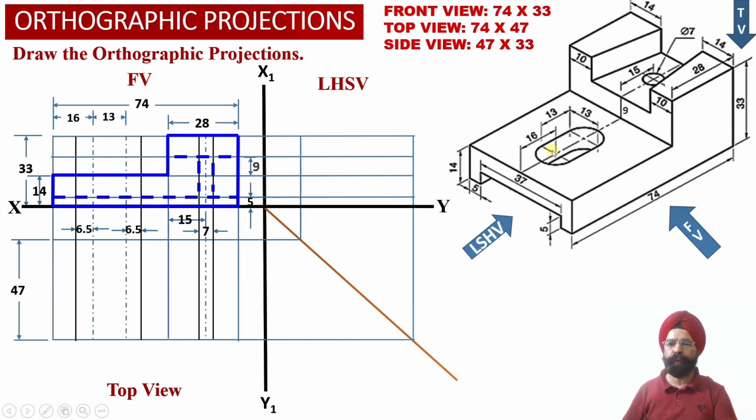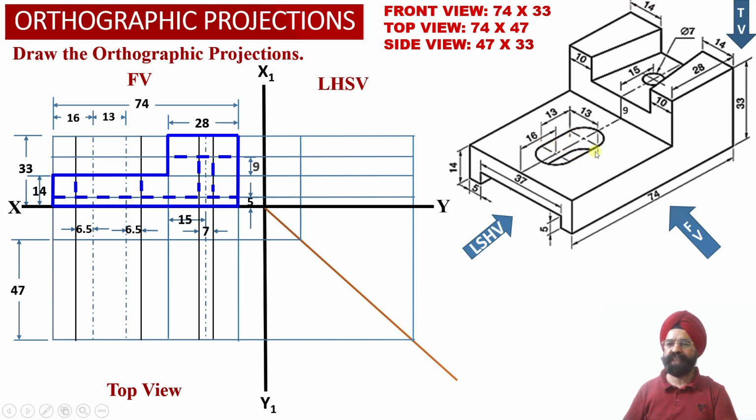And finally, corresponding to this elongated semicircular slot over here, again corresponding to these two end points of the semicircular slot, we are going to obtain dotted line or hidden line projections in the front view projection. And again, this part of the slot is a true shape, whereas these two parts of the semicircular slot are the apparent shape, because here the curvature is involved, here a flat surface is involved.